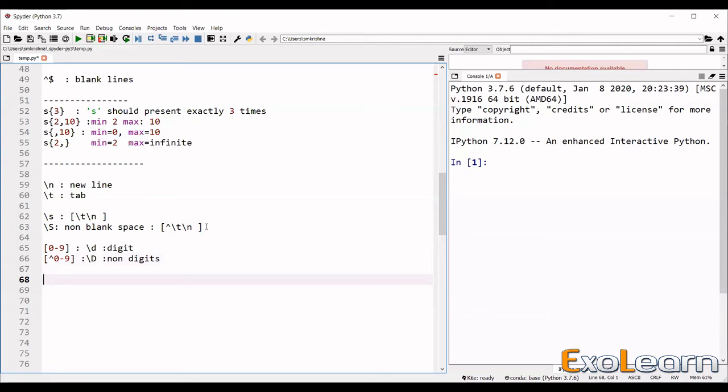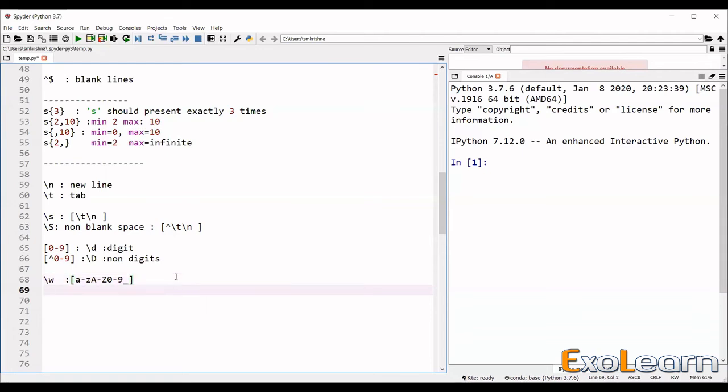Similarly, there is one short form, slash w. Slash w is a shortcut for a to z, capital A to Z, 0 to 9 and underscore. Whenever we need to represent all these things inside square brackets, instead of writing this completely, I can use the short form, that is slash w. These are called word characters.